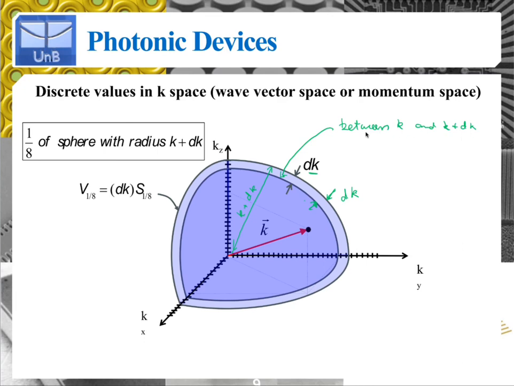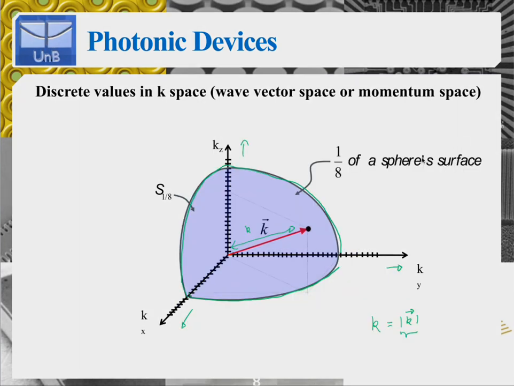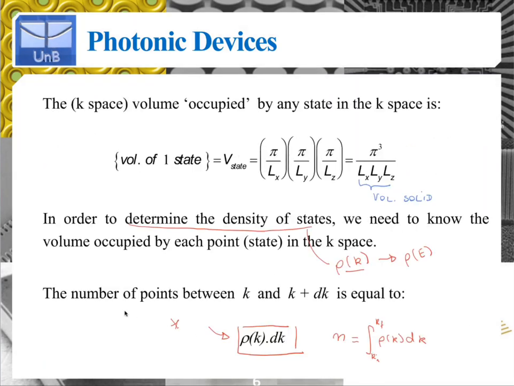And since we said that the number of states with K's between K and K plus dk is equal to this quantity right here, we'll indirectly be finding this quantity, which is rho of K dk.